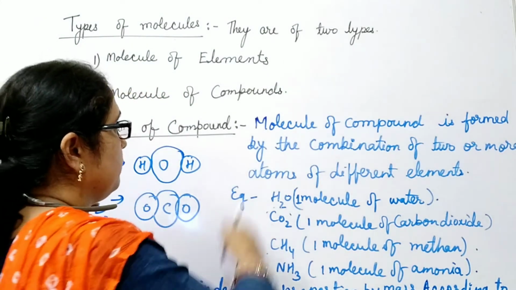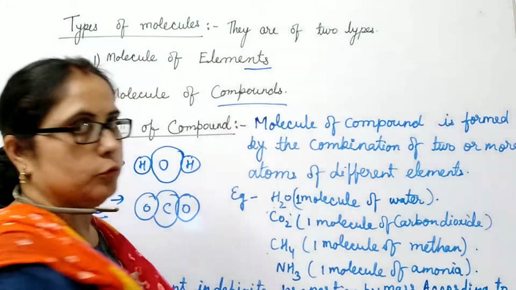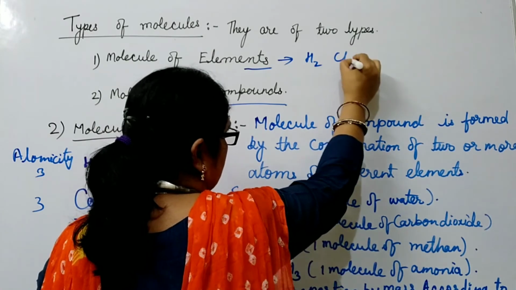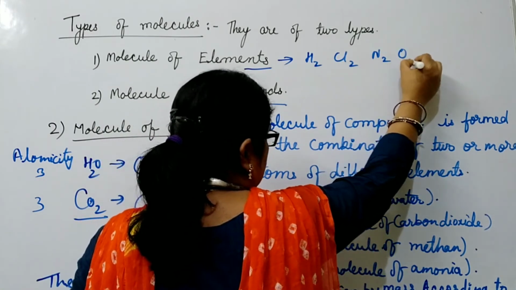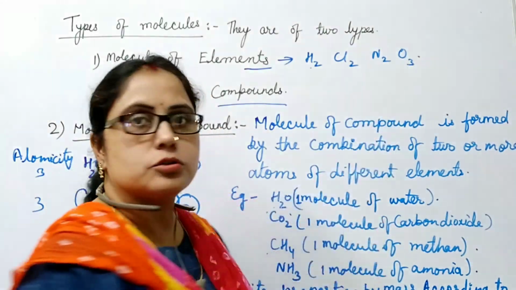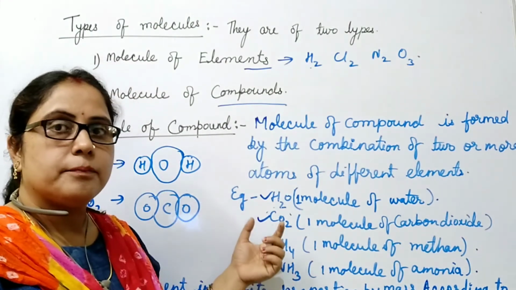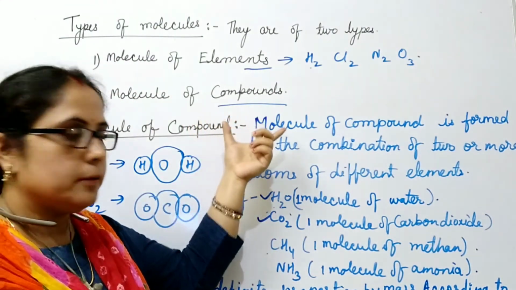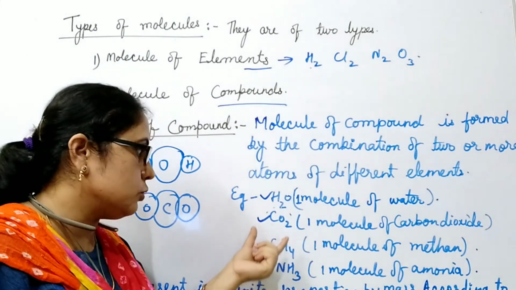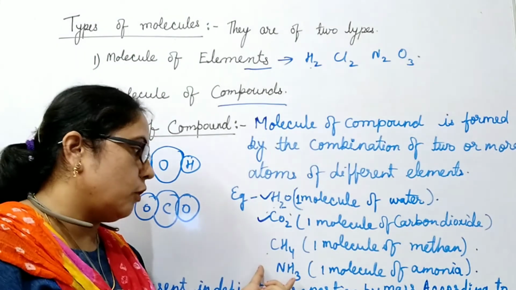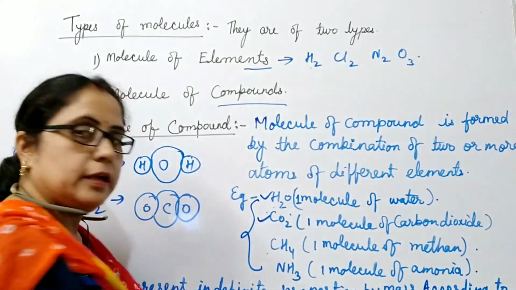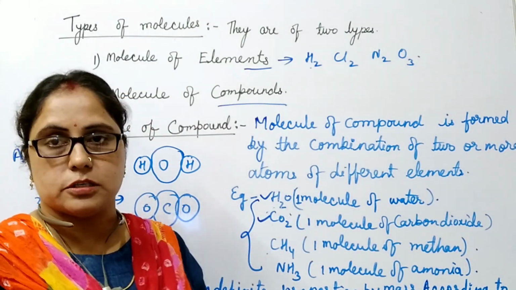So, there is a chemical formula of an element and a chemical formula of a compound. Examples of chemical formulas of elements are H2, Cl2, N2, O3, etc., the formulas of hydrogen, chlorine, nitrogen and ozone respectively. Similarly, for molecules of compounds, the formula of water is H2O, carbon dioxide is CO2, methane is CH4, and ammonia is NH3. So these are the symbols we use for the representation of molecules of compounds.